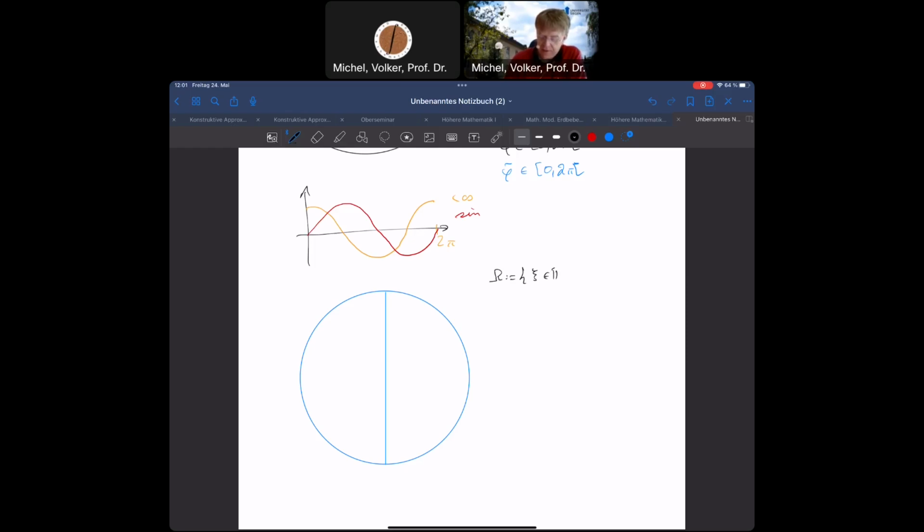So capital Omega is how I call it, the set of all xi in R3 which have length 1, which have the norm 1. So Omega is the unit sphere in R3. Now, what I explained is we can interpret the sphere as a union of an infinite number of circular lines. And every circular line is defined by taking the intersection of the sphere with a corresponding plane parallel to the x1, x2 plane.